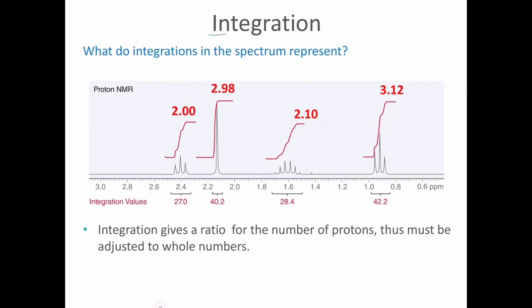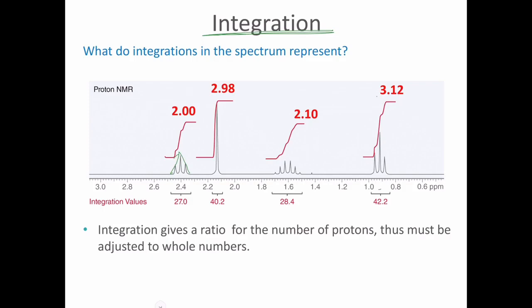Next, we said we need to be able to determine the integration and interpret it accordingly. So in the spectrum, we will see these peaks, and then we can do the integration, which is the area under the curve. When we calculate the area, that area tells us the number of protons, and specifically it gives us the ratio, so that when we look at the whole molecule, the spectrum will tell us the ratio of protons within the spectrum.